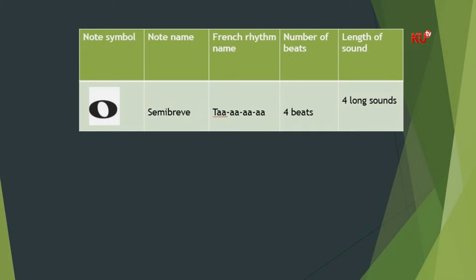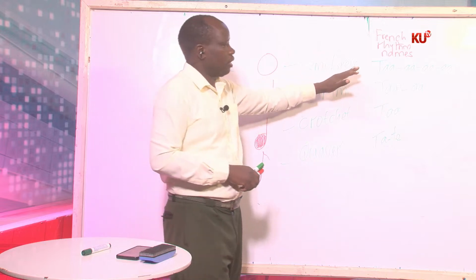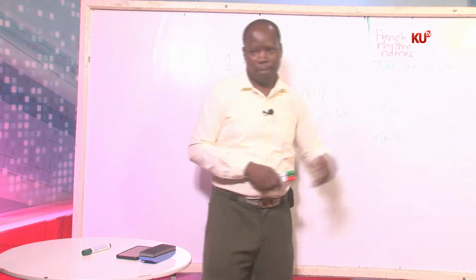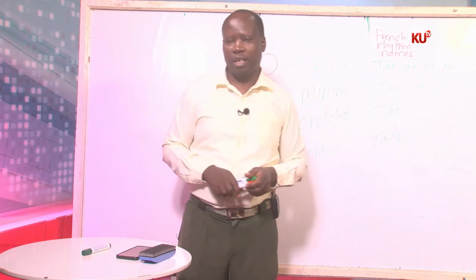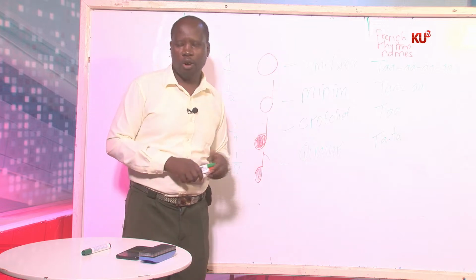We shall start with the first one. The first one, semi-breve, has the French rhythm name ta, a, a, a. That is our first note. Remember, it is a whole note representing one whole.